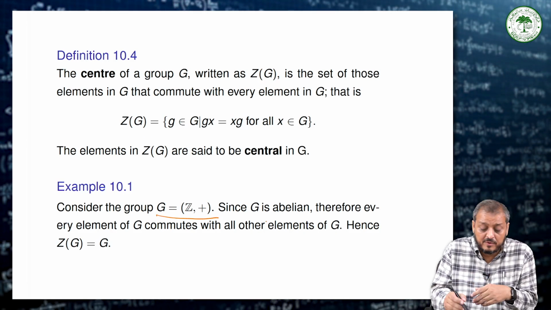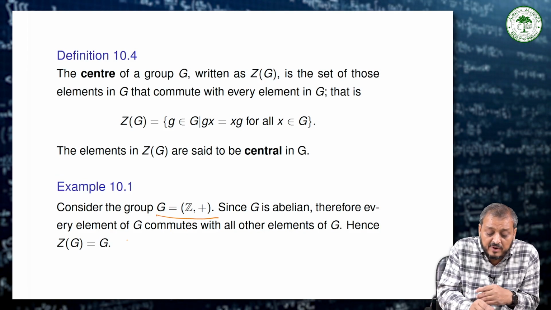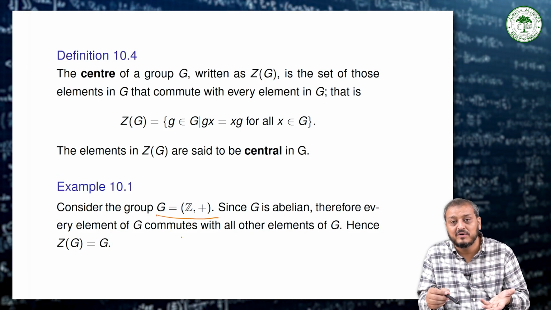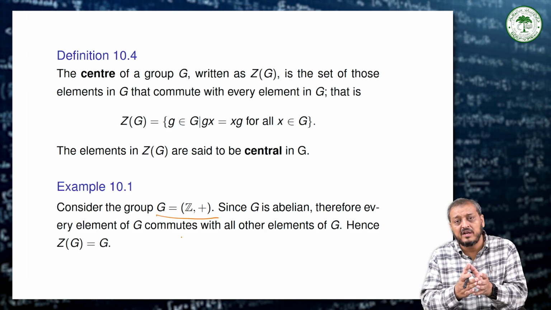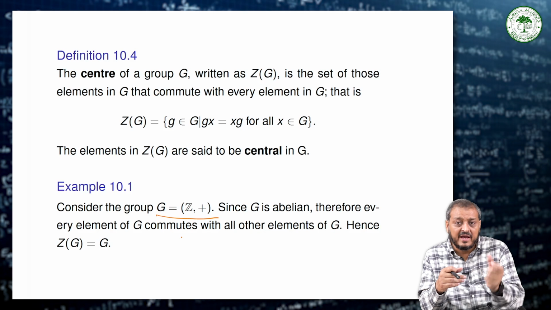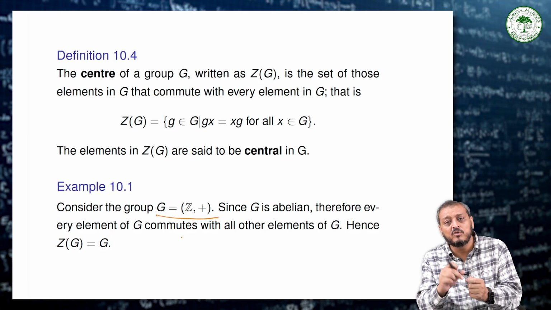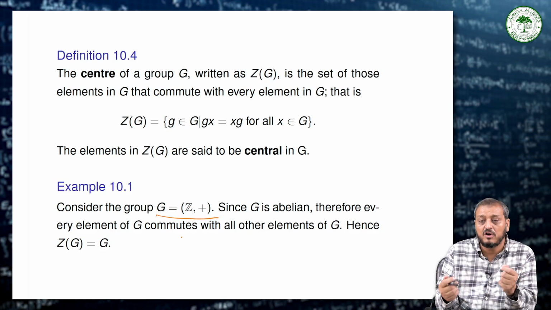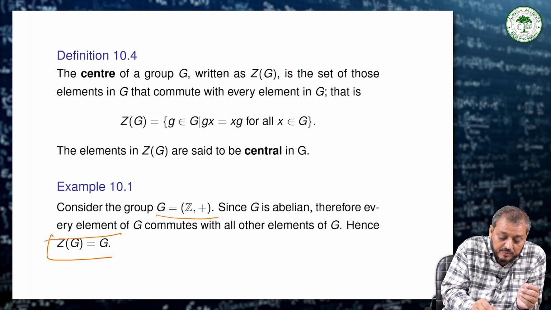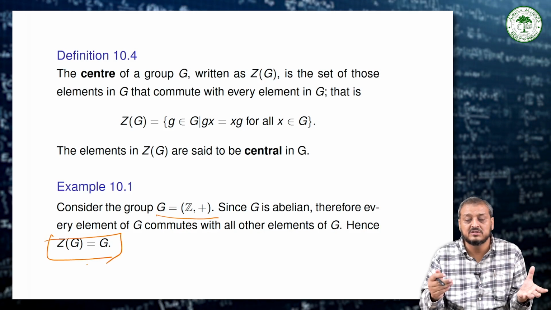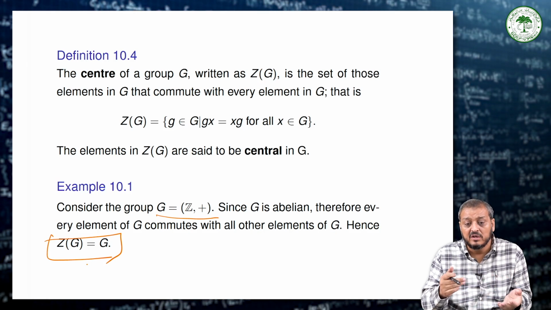Since G is abelian, every element of G commutes with all other elements, because the group is commutative. So the center of this group is equal to the whole of G. Z(G) is equal to G.